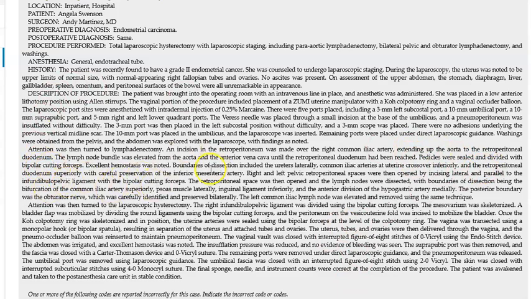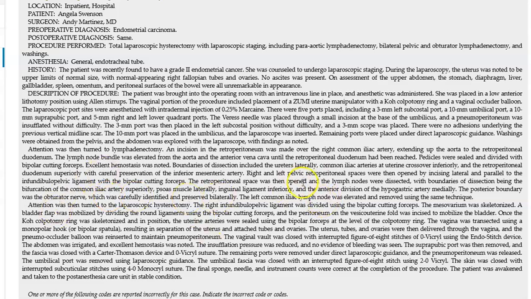Excellent hemostasis was noticed. Boundaries of dissection included the uterus laterally, common iliac arteries at uterine crossover inferiorly, and the retroperitoneal duodenum superiorly with careful preservation of the inferior mesenteric artery. Right and left pelvic retroperitoneal spaces were then opened by incising lateral and parallel to the infundibulopelvic ligament with the bipolar cutting forceps.